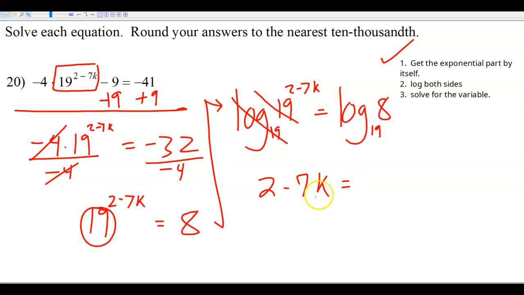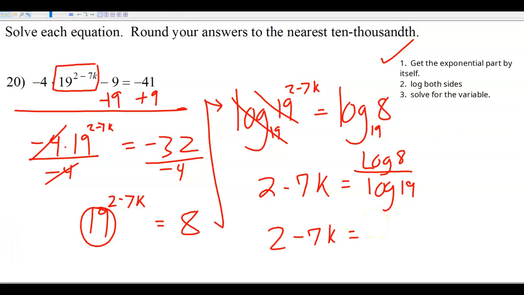On the right side, we have log 8 base 19 here. So that one, we have to do change of base on that. So change of base requires me to do log base 10 of 8 over log base 10 of 19. And my calculator will come in handy for that part.